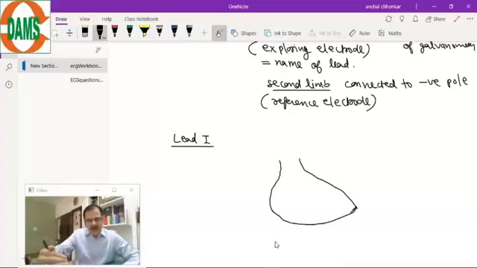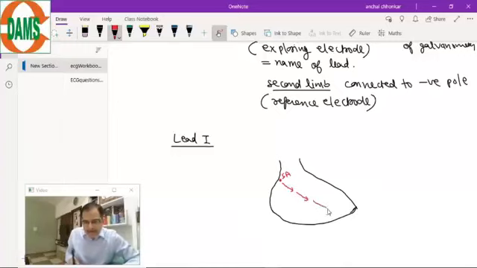So I have made a vertical plane in which the depolarization is going from the SA node downward. So we'll see only the vertical plane. So this is the diagram. Here is the SA node. Somewhere here is the SA node. And this will be going in this direction.